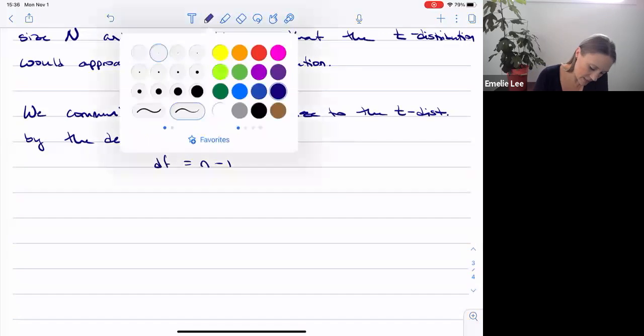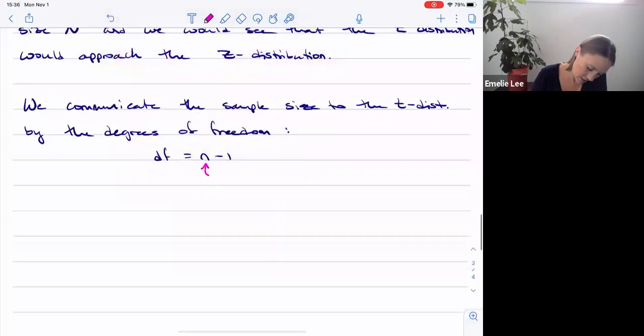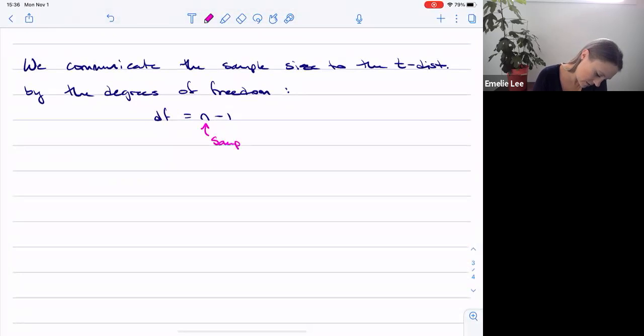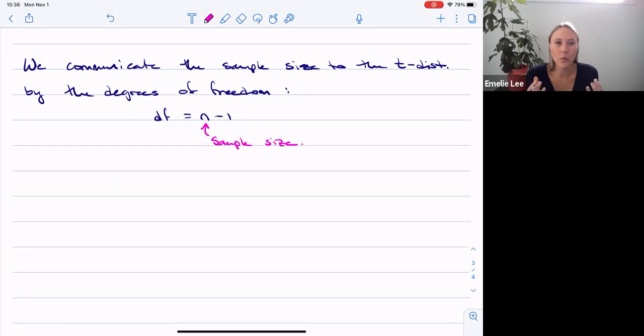But this is the sample size, right? And so how we communicate the sample size is by taking n-1, and we call that our degrees of freedom. So the t-distribution changes depending on the degrees of freedom, which implies the sample size.